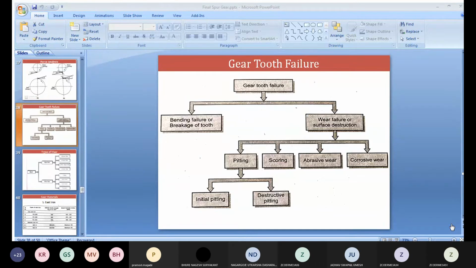It is a damage or surface injury caused by particles trapped between the mating teeth, like, write down, dust, comma, dirt, comma, rust, comma, weld spatter.